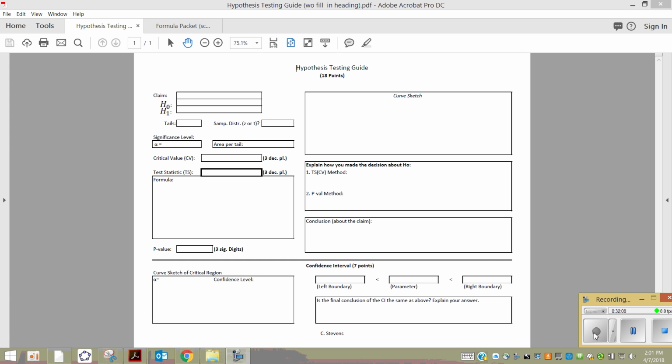And I also want to remind you of one other thing, and that is the hypothesis testing guide, which is worth, as it says right here, 18 points. So if I give you this on the test, and I will give it to you on the test, it's not even a question. As you're filling in each of these boxes, you are gaining points, and you can earn 18 points if you know how to do this.